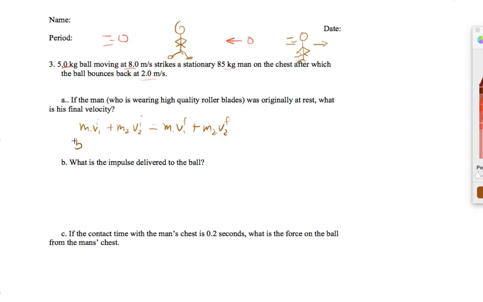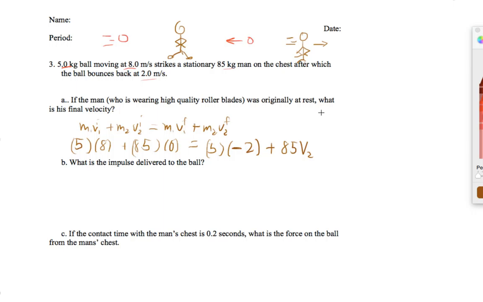Now, here's what we're saying. We've got a 5 kilogram ball moving at 8 meters per second, and it hits an 85 kilogram dude who's not moving. Then this 5 kilogram ball bounces back. That word bounces back means you need a negative here, so negative 2 meters per second. And we have no idea what's going to happen to the guy's final speed, so I'll just call it V2.